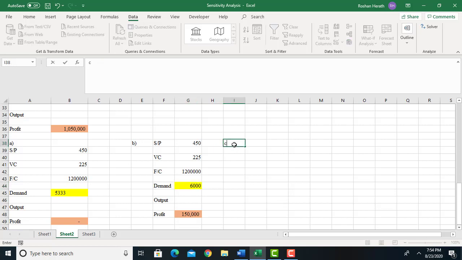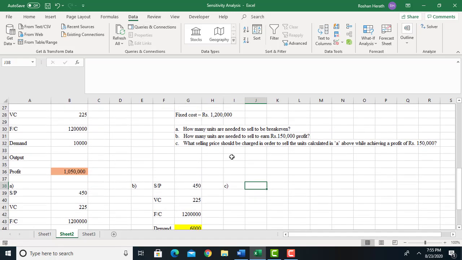And finally, you have, let's see what is the requirement. What selling price should be charged in order to sell the units calculated in A above while achieving a profit of rupees 150,000?